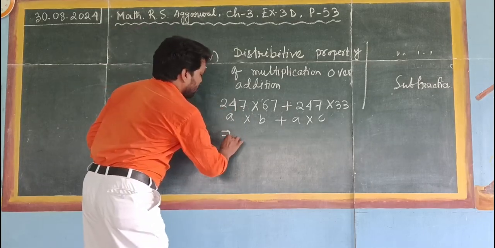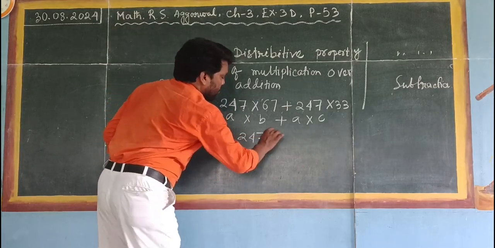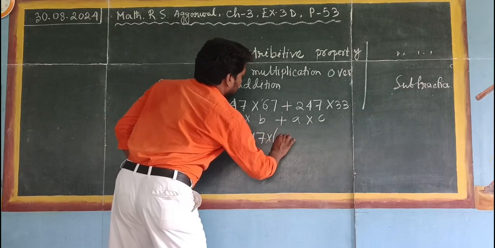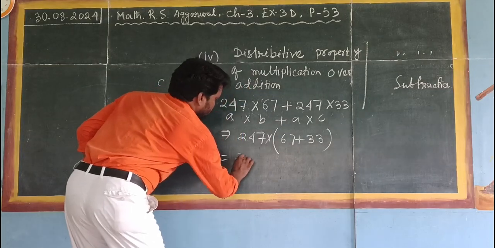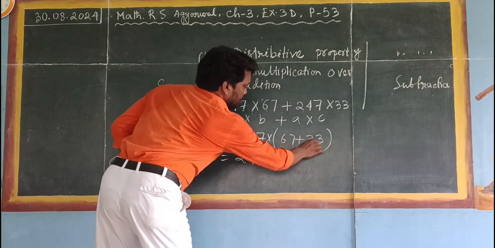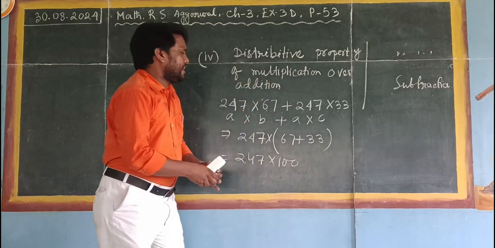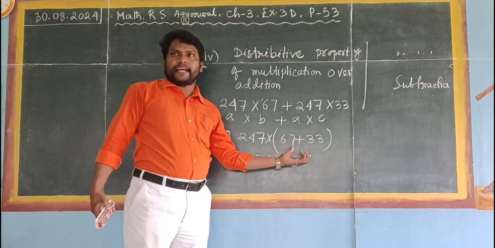247. Now take 247 common, within bracket 67 plus 33. Now 100. Always you will get the multiple of 10 inside the bracket.